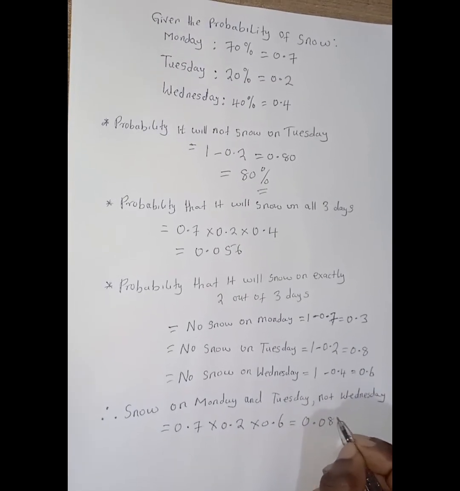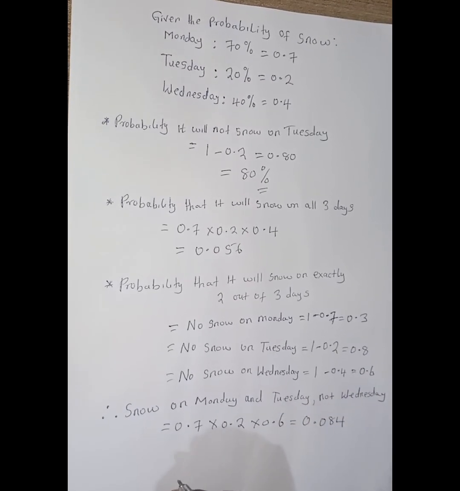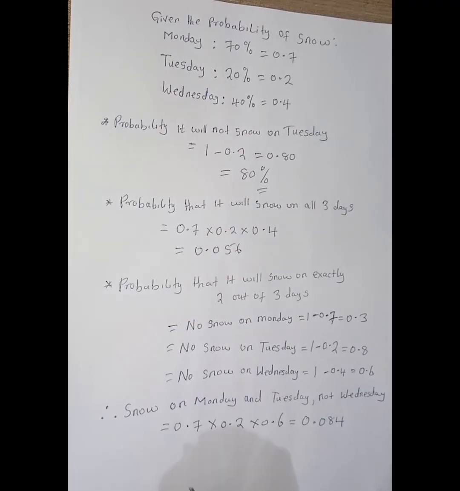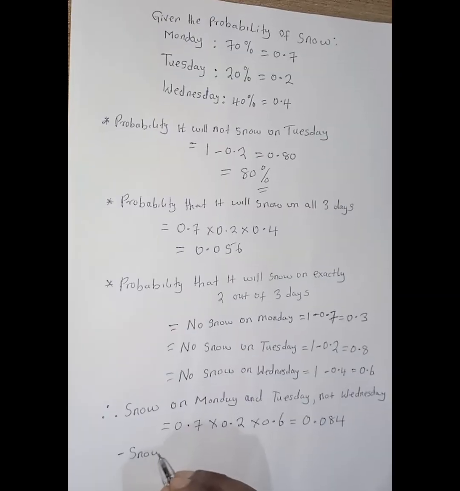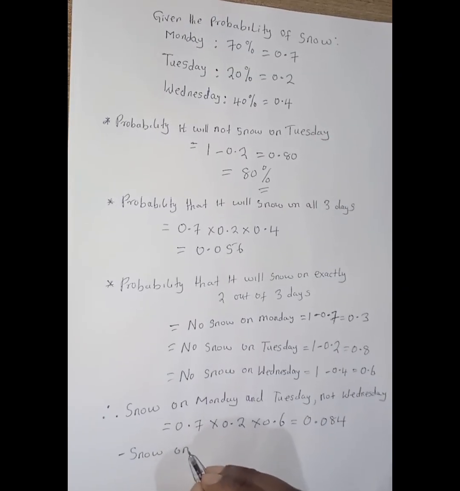This 0.6 now is gotten from the probability that it will not snow on Wednesday, right? Which is 0.084.